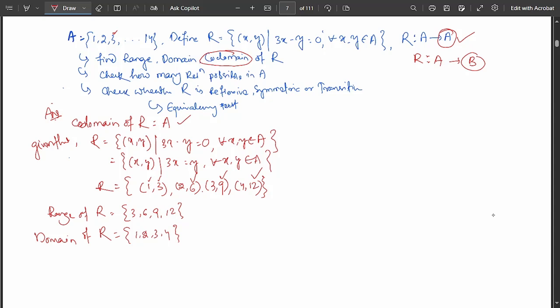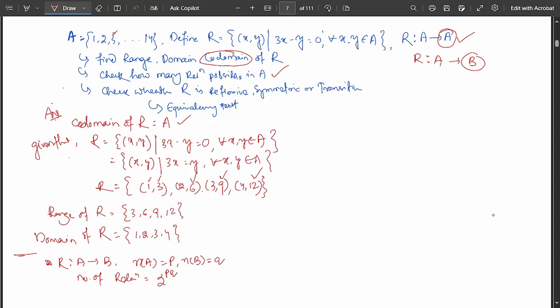Now how many relations are possible in A? We have a formula. We learned in our earlier video that if a relation R is defined from A to B, and the number of elements of A is P and the number of elements of B is Q, then the possible number of relations will be 2 to the power PQ.